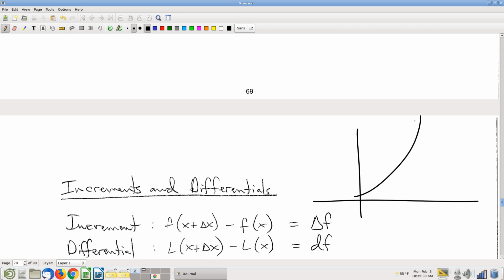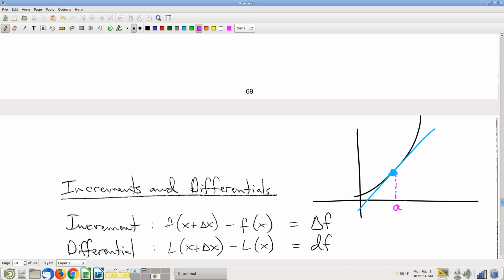something like that, you can talk about the tangent line at a given point. Let's do better than that drawing. Okay, there we go. That's pretty good. Tangent line there, and at some point a, that's the tangent line.